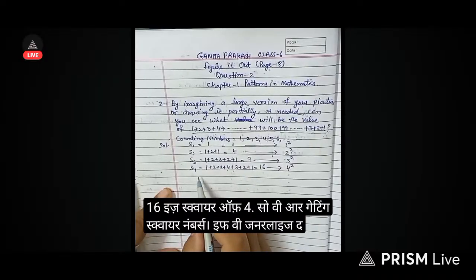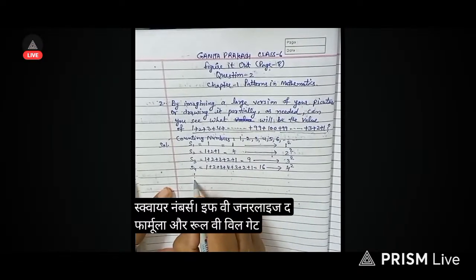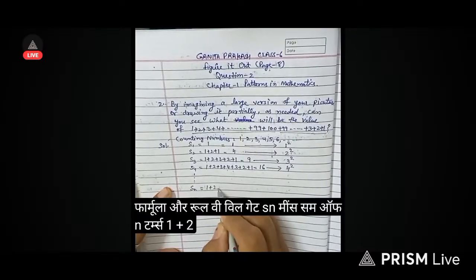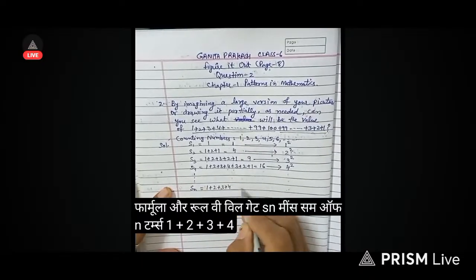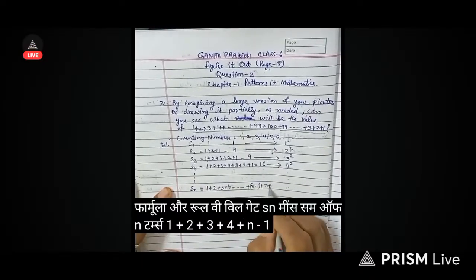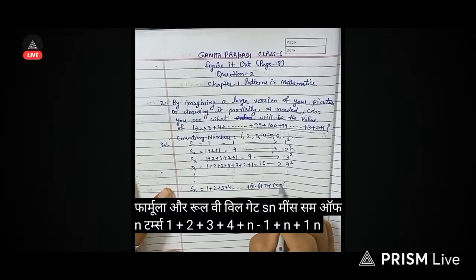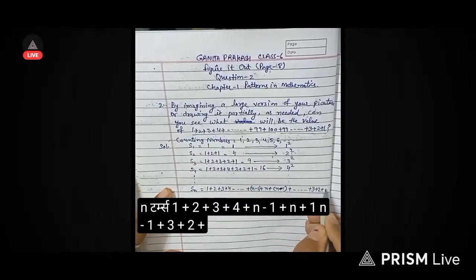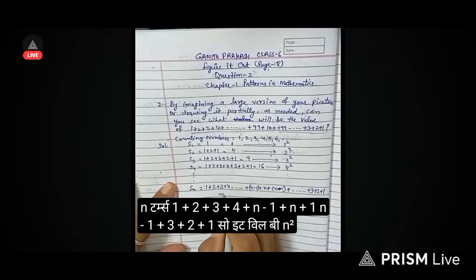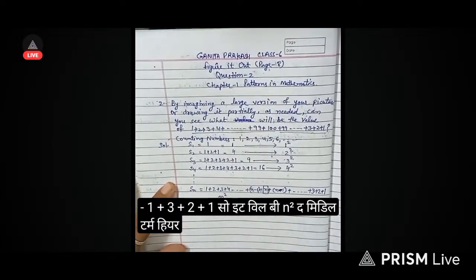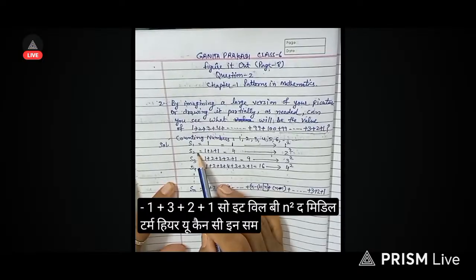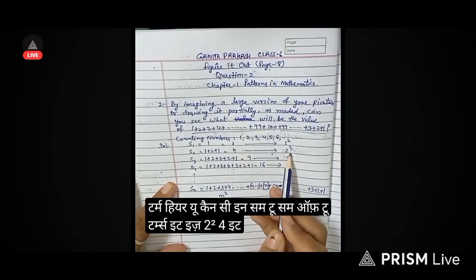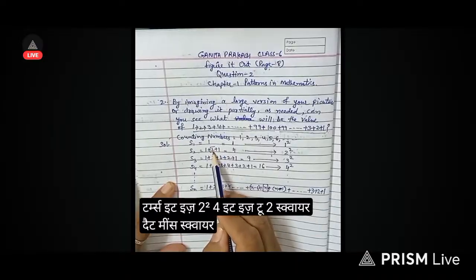If we generalize the formula or rule, we will get Sn, the sum of n terms, 1 plus 2 plus 3 plus 4 up to n minus 1 plus n plus n minus 1 down to 3 plus 2 plus 1. So it will be n square, the middle term. Here you can see in the sum of two terms, it is 4, it is 2 square. That means square of the middle term.